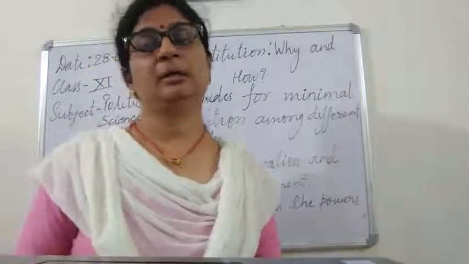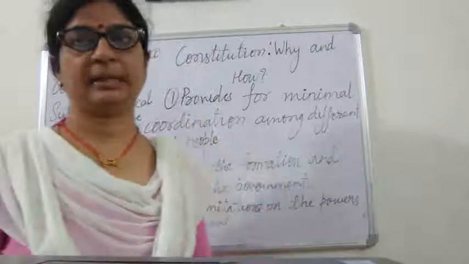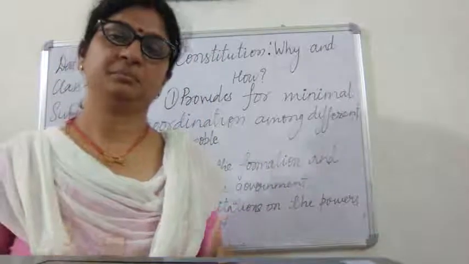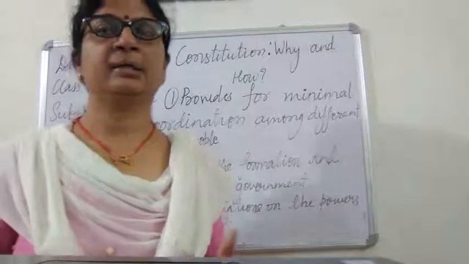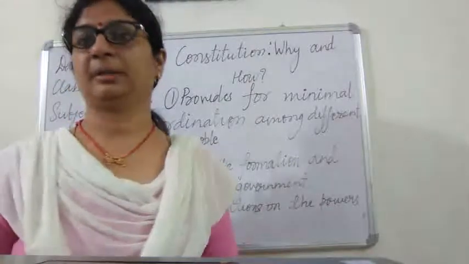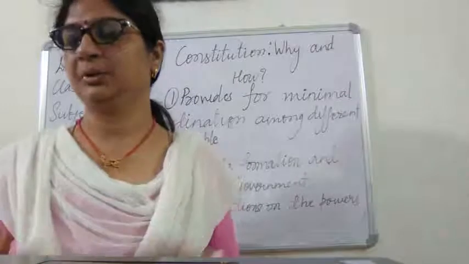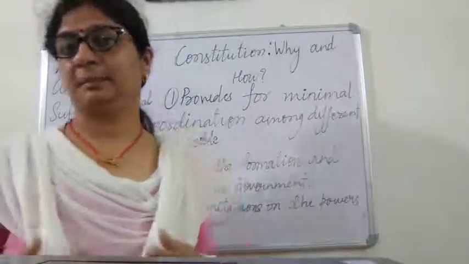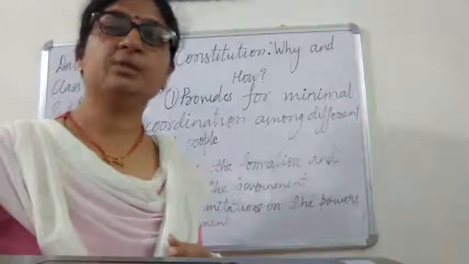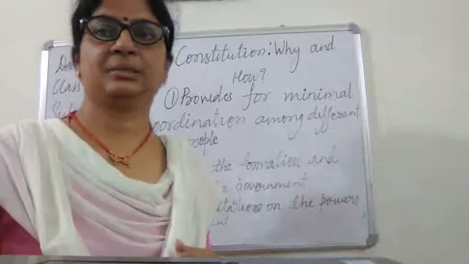So when it became an independent country and when it made a new constitution, then it enabled the government to end racial discrimination. Why did it enable the government to end racial discrimination? Because after getting independence, the aspiration of the society has changed.